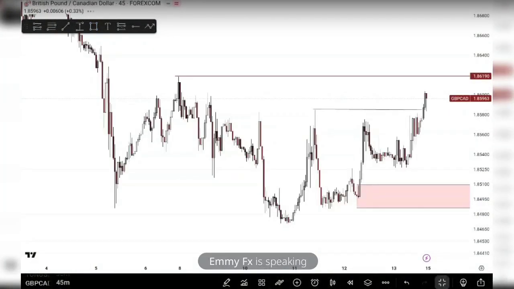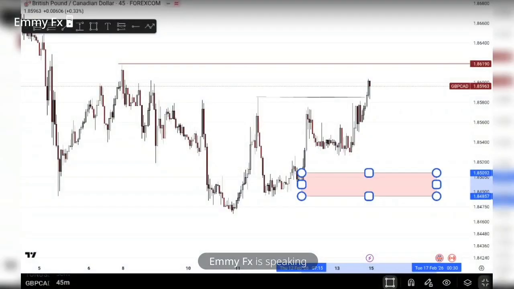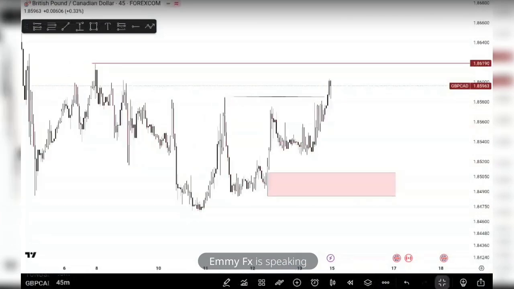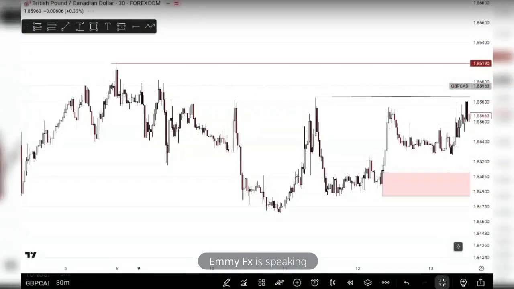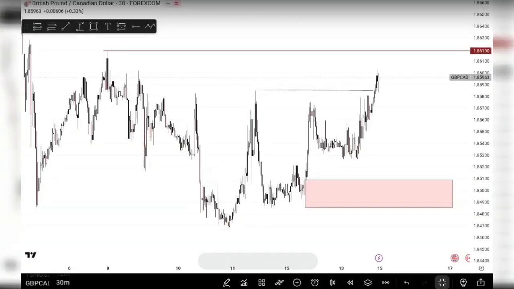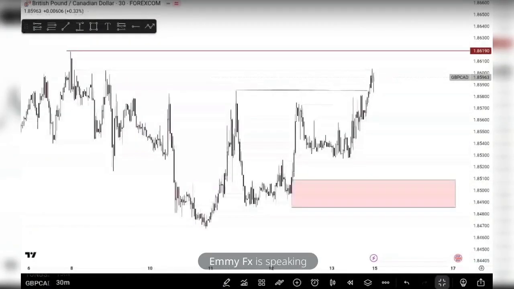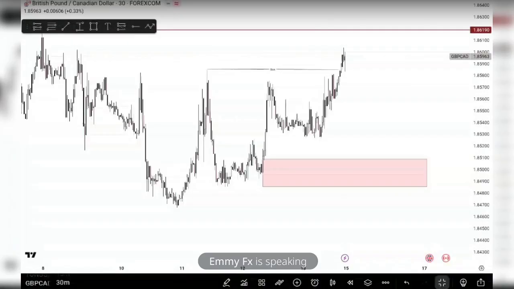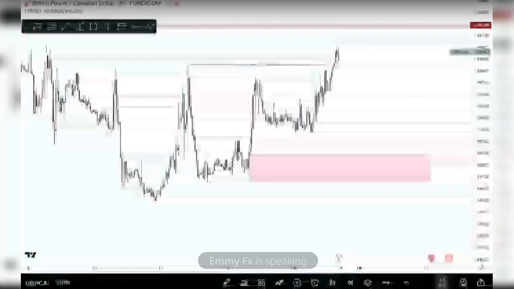Alright, so in the 45-minute time frame, we also have this order block which is currently sitting here. Let's look at the 30-minute time frame. Alright, so in the 30-minute time frame, we have that break of structure to the upside. I'm just refining the order block that causes the break of structure, right?